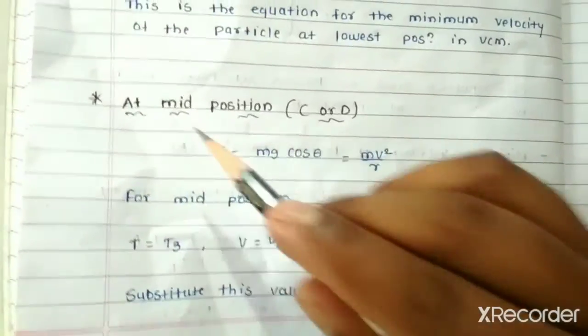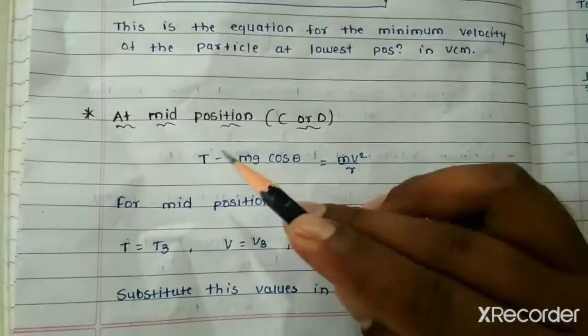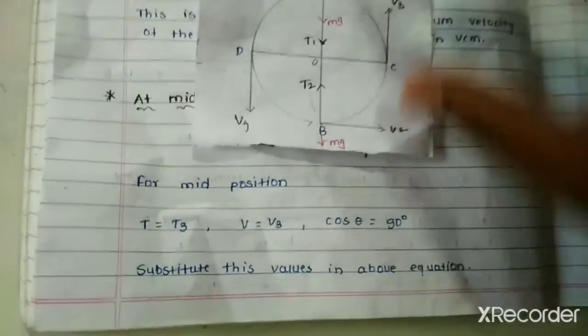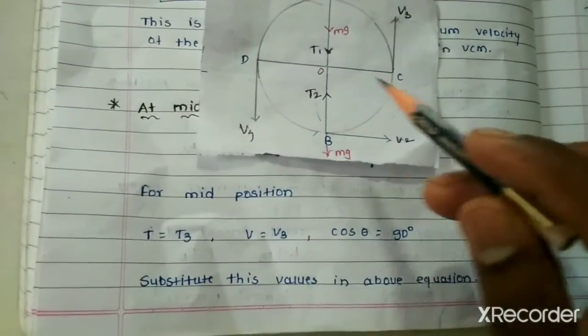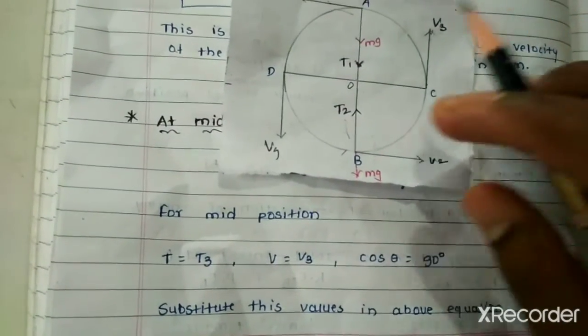Now next we are going to check the tension at mid position, that is position C or D. C and D are in the mid position.